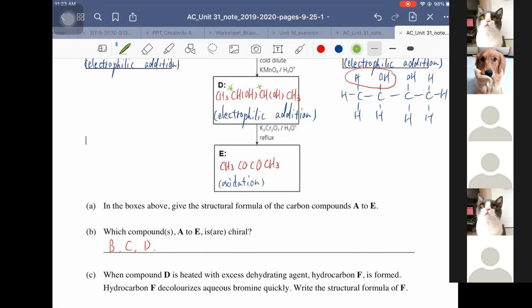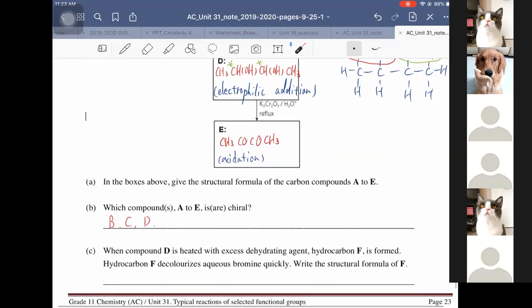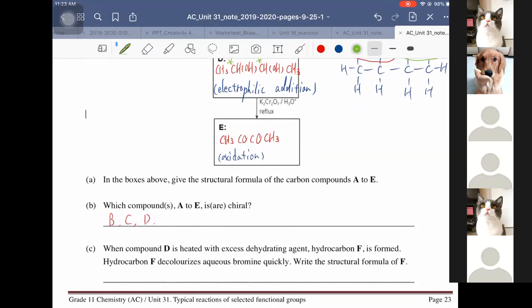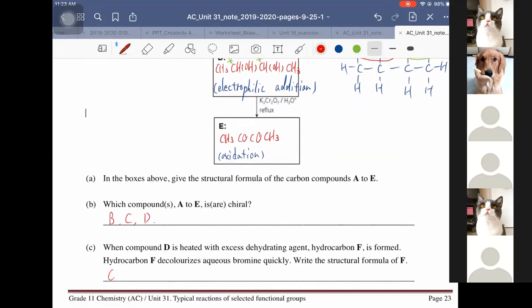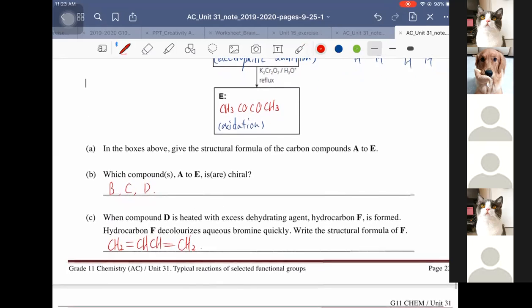And second, we can remove this set of water so that a double bond will form between these two carbons. So the structural formula of F should be CH2 double bond CH, then CH double bond CH2. After removing the water, undergoing dehydration, they form the alkene.